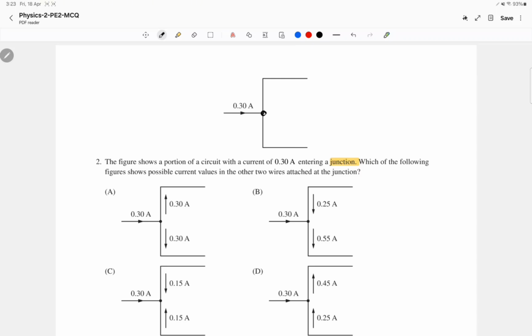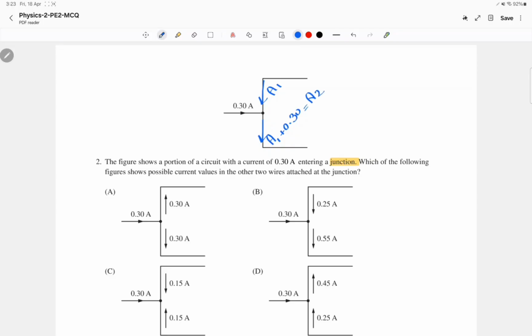Or possibly, in this case, it can spread into current 1 and current 2. That's one possibility. Or the other possibility is you have a current 1 coming in and adding up to the 0.30. So now you're going to have current 1 plus 0.30 as a combination is equal to current 2.